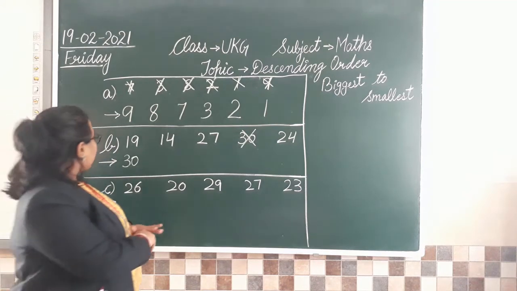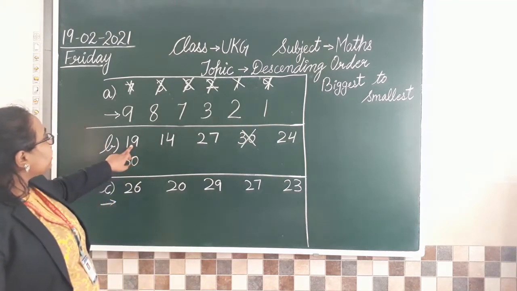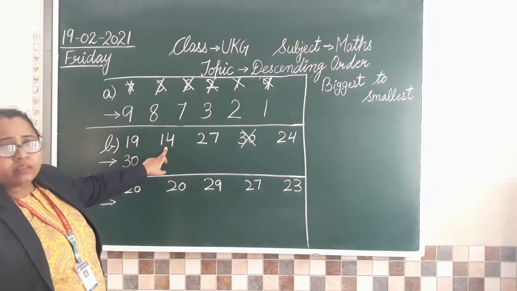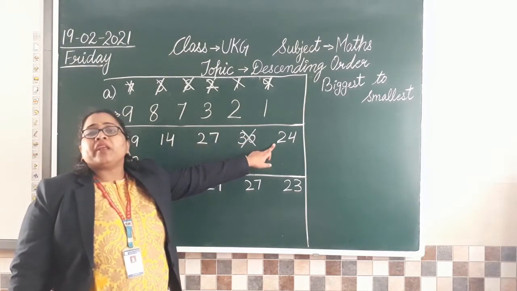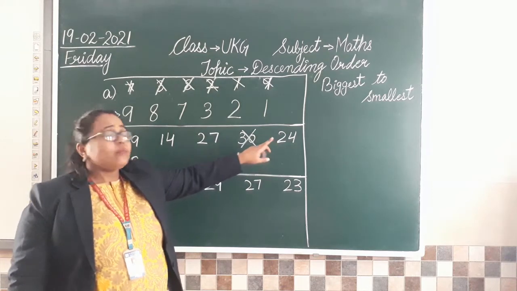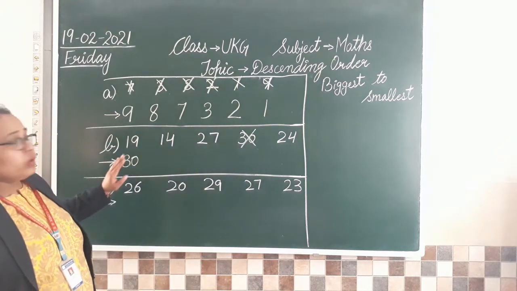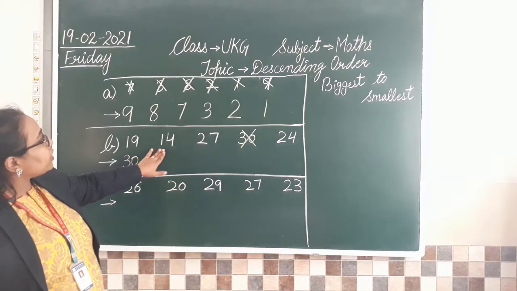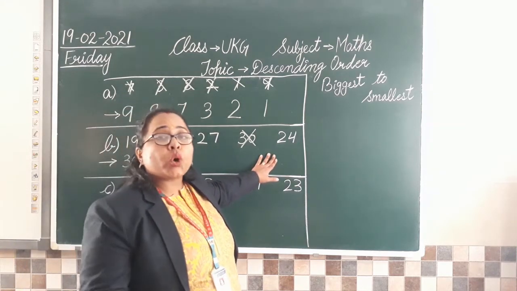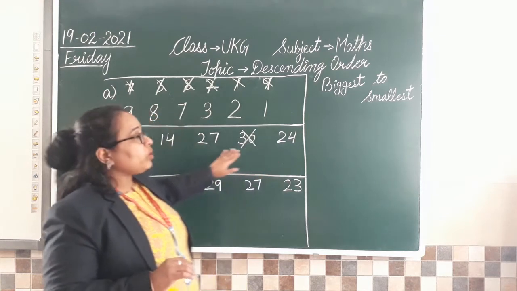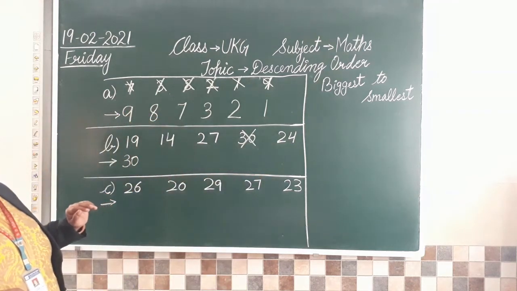Now the numbers we have is 19, 14, then we have 27 and we have 24. Tell me which is the biggest now? 19, 14, 27 और 24 में अब biggest कौन सा है? You have to tell me that. Yes?